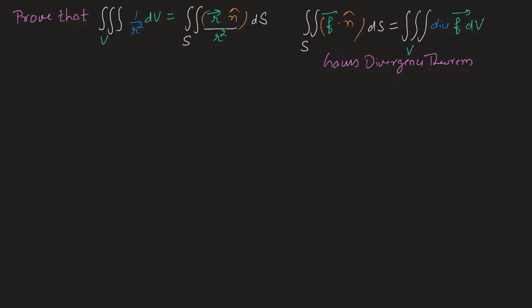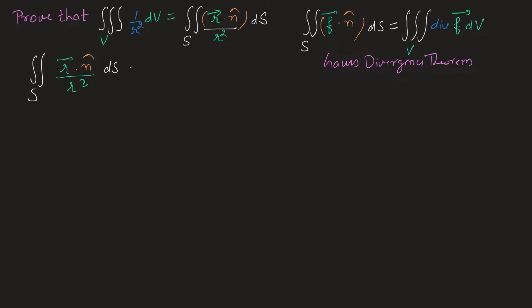So now we shall try to prove the given statement. Let us take the right hand side. We are going to take this integral: r vector dot n cap by r square dS.